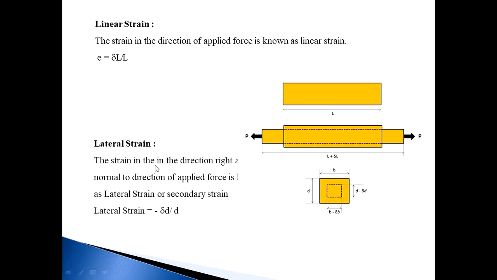Lateral strain is the strain in the direction at right angle, normal to the action of the applied force, also called secondary strain. It means change in width or change in depth divided by original width or original depth. Lateral strain is equal to change in depth divided by original depth.